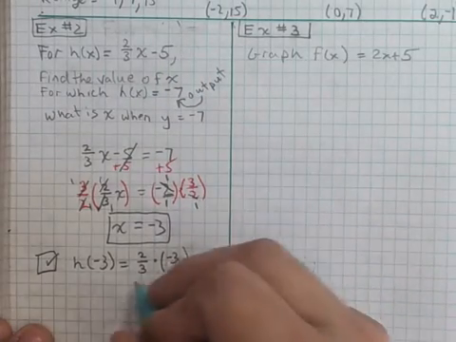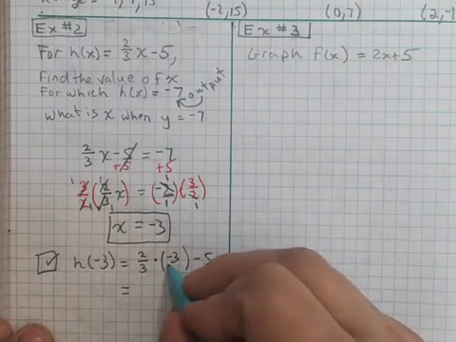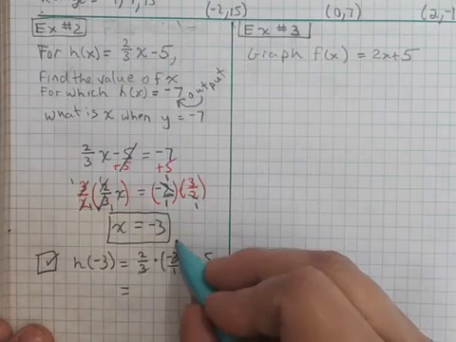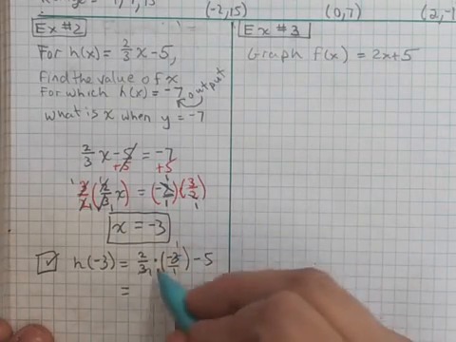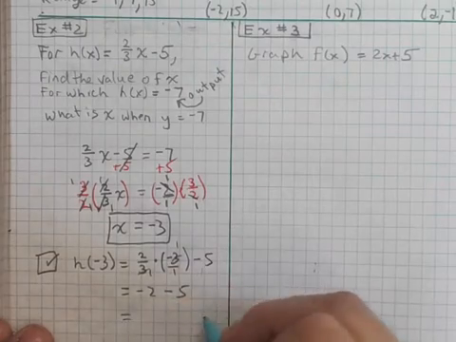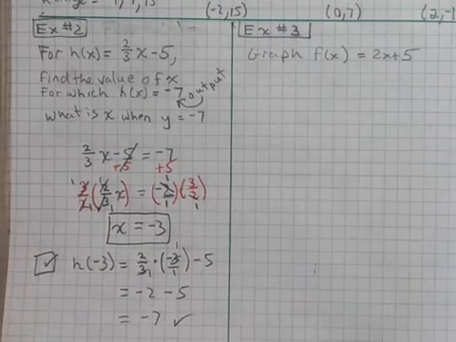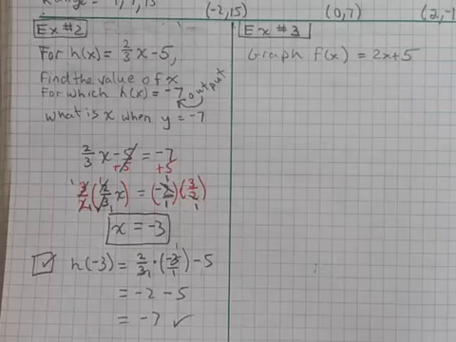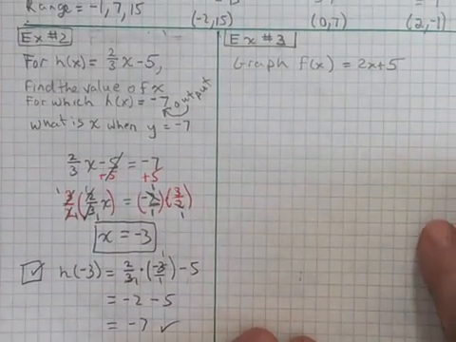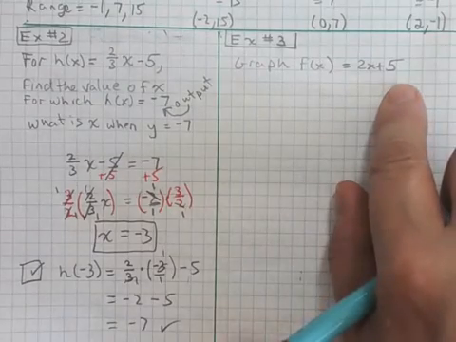Then we evaluate this, I'm going to put this over a 1. Reduce these out, so that's a total of -2 minus 5. Combine those, -7, check. I got an output of -7. It works. All right, and then the last example, we're going to graph this linear function.